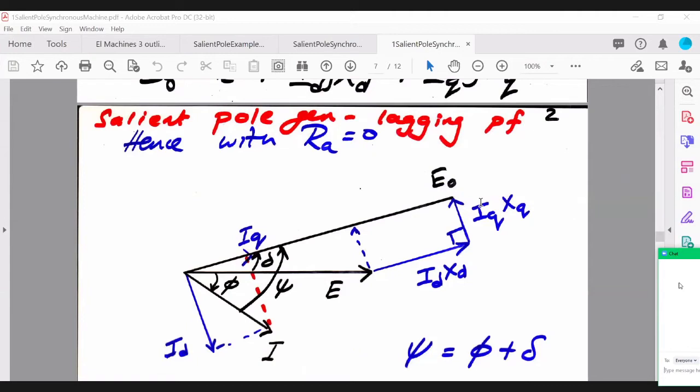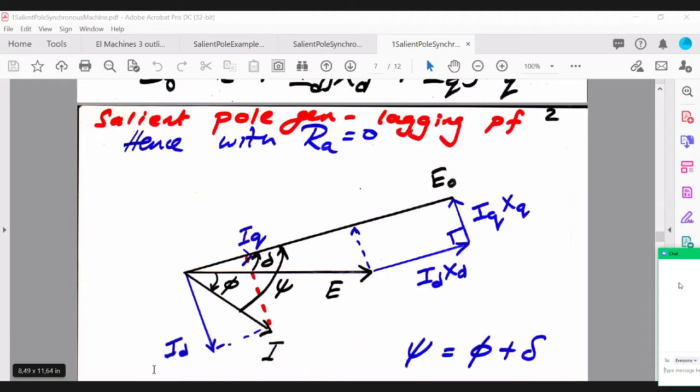In salient pole machines, the way the phasor diagram is drawn determines the equations you use to analyze the machine, so it is very important that you can sketch the phasor diagram in order to write your equations.